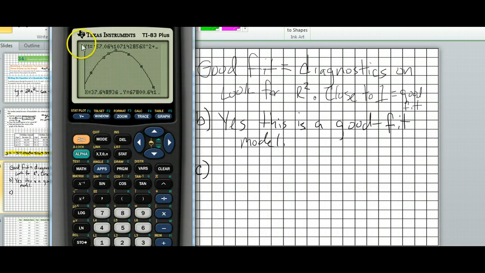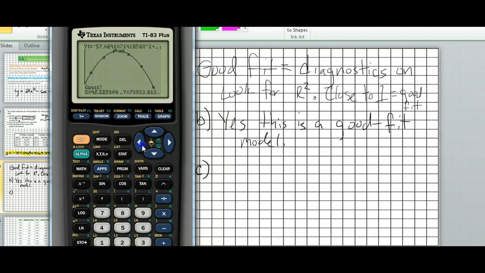Alright, now once we're on the quadratic model, press second calc, and then let's find that maximum. That's where the vertex is. Left bound means get close to where the vertex is, but press to the left. Right bound means get close to the vertex, but press to the right.